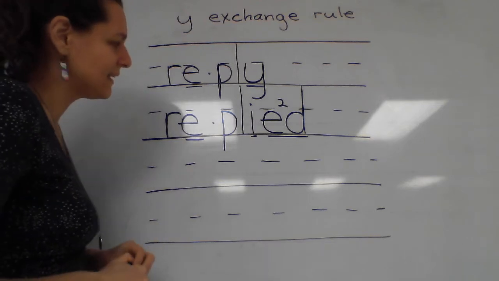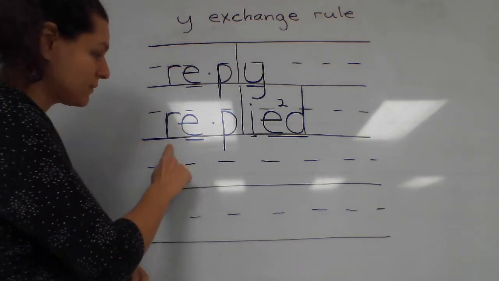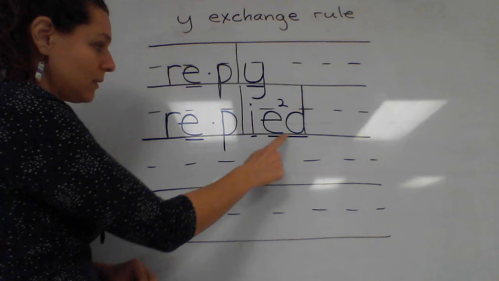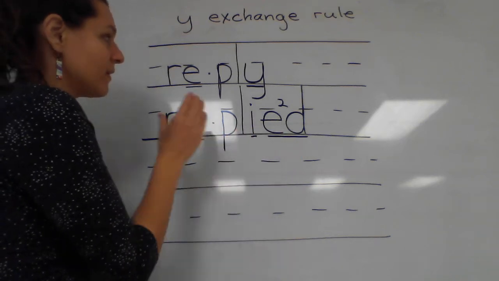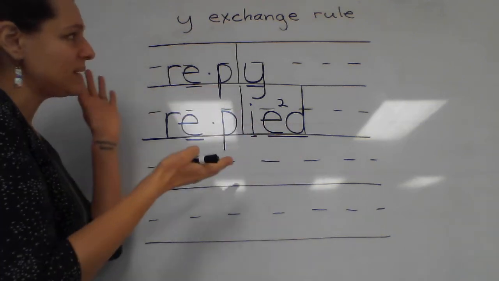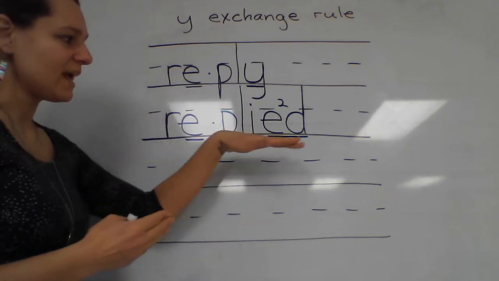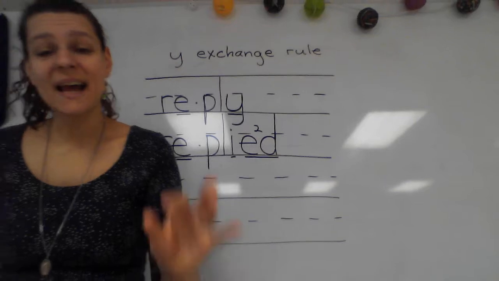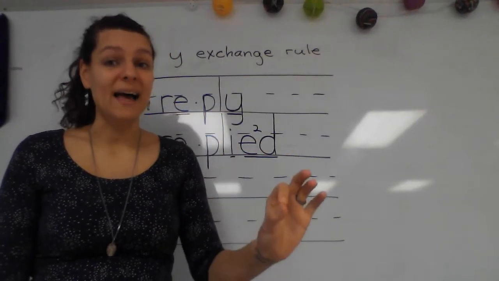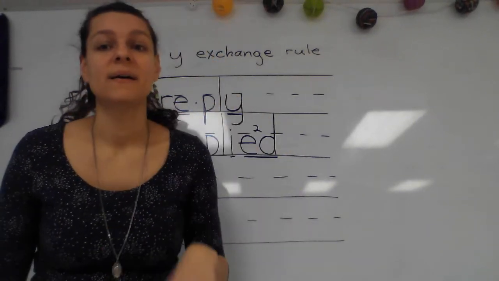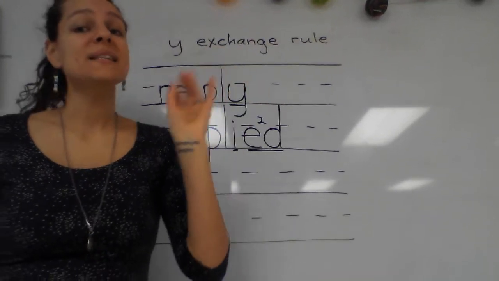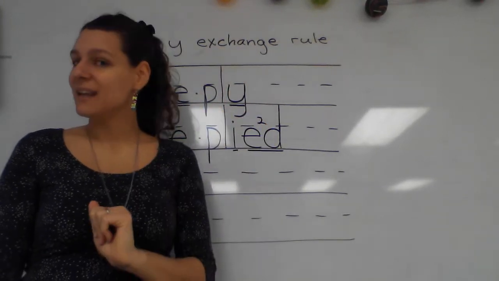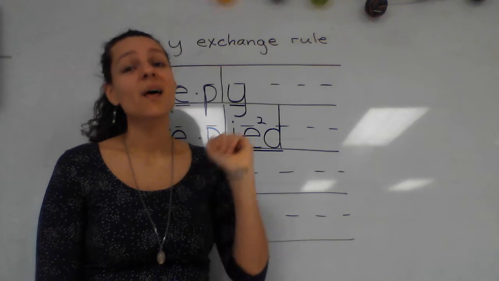All right, let's read our word now. Good, replied. So all we did there is we traded our Y for an I and then we added our suffix. All right, the next word is replies. What's the word, class? Good, replies. Mrs. Hillock always replies quickly to my emails.